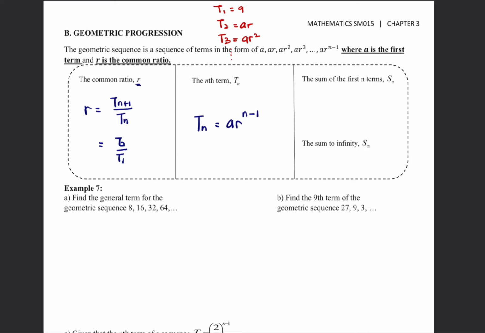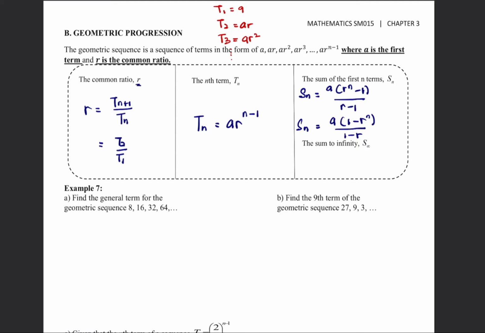Okay, so next, for the sum of the first n terms, we will have two formula for this. So what differentiate between these two formula? Okay, let's see. We have Sn equals to A (R^n minus 1) over R minus 1, and then the other one we have Sn is equals to A (1 minus R^n) over 1 minus R. Okay, so what's the difference between these two formula?